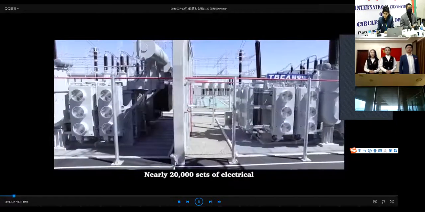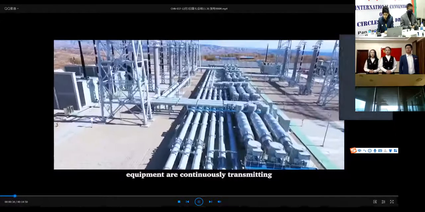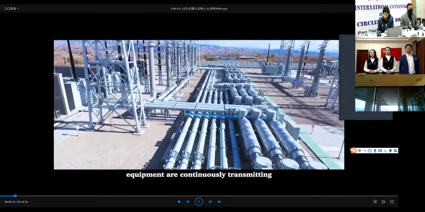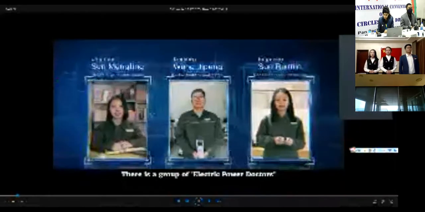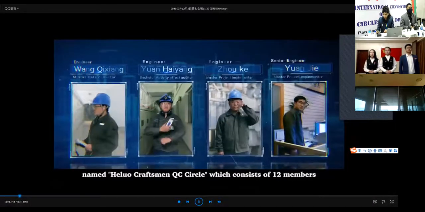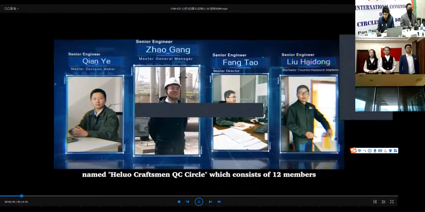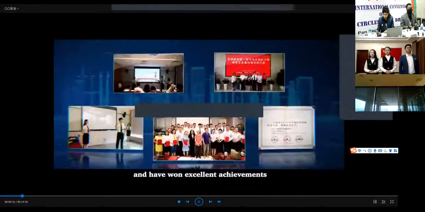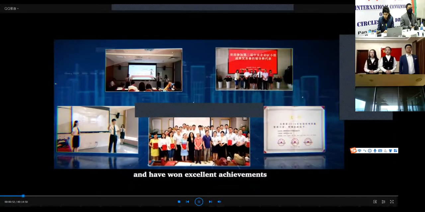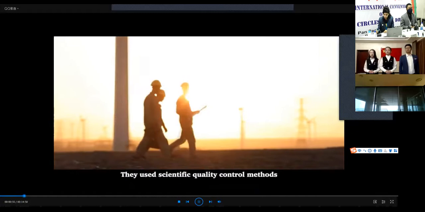Nearly 20,000 sets of electrical equipment are continuously transmitting sufficient energy to thousands of homes. There is a group of electrical power doctors named Hello Craftsman QC Circle, which consists of 12 members and has won excellent achievements. They used scientific quality control methods to improve work quality and efficiency.